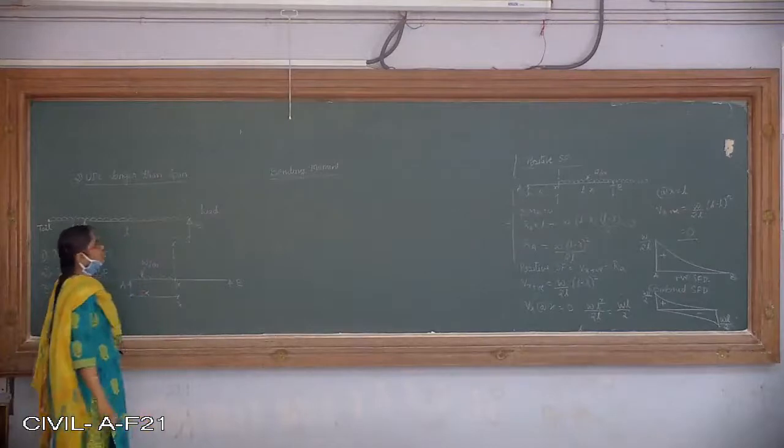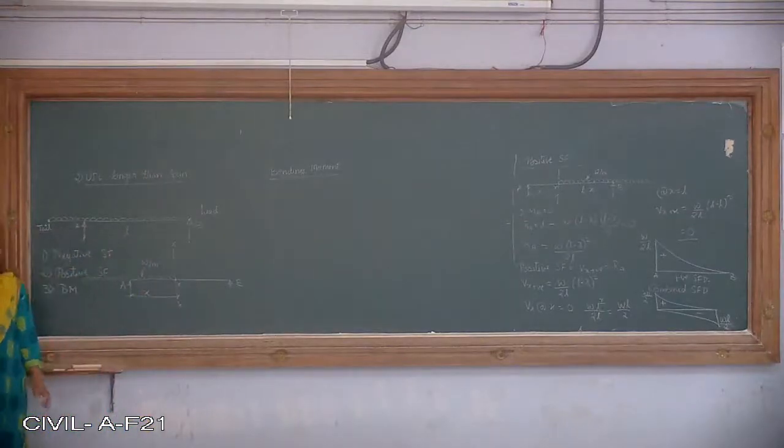To calculate the bending moment, what we are going to do is load the entire beam with UDL. So when I load the entire beam with UDL, the maximum bending moment is more or less similar to a simply supported beam with UDL throughout the span. So the similar case appears here also. We will just calculate that.